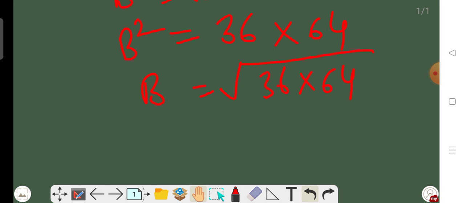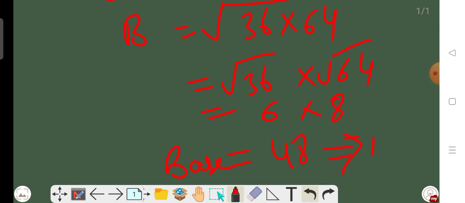So base is equal to square root of 36 multiplied by square root of 64, and you know that the square root of 36 is 6 and of 64 is 8, and the base is equal to 48.